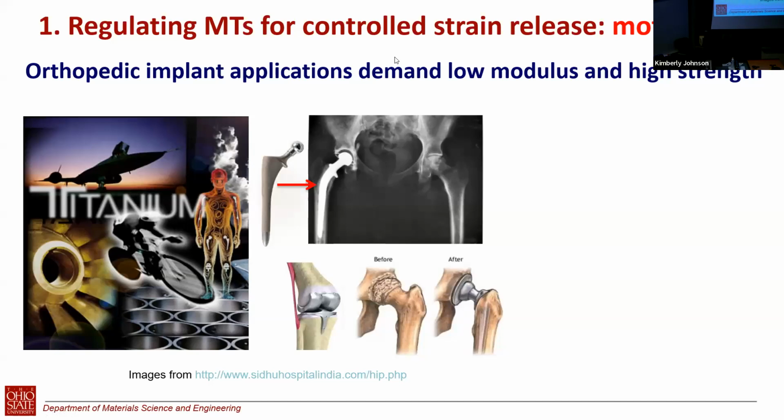The human bone is around here, so that's what we want. The ideal implant material would have 20 gigapascal modulus plus 1 gigapascal strength. We want the materials to be very wear resistant, because you don't want metal debris getting into your bloodstream, which would cause a big problem.